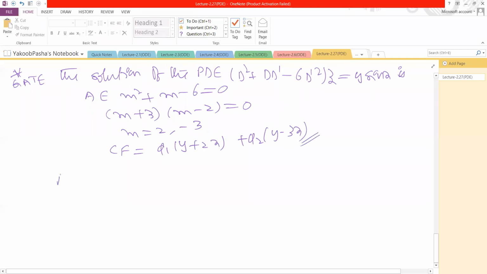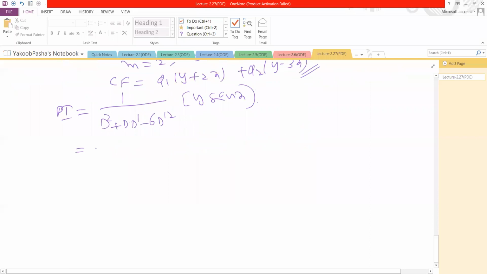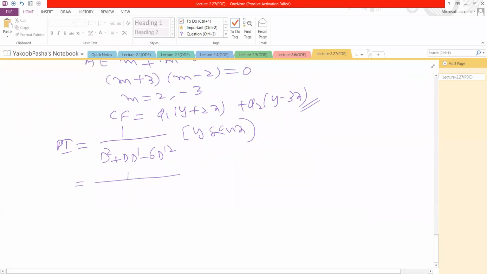And for a particular integral, you can write 1 divided by D square plus D dash minus 6D dash square of y into sin x. So I am splitting the denominator, as we know that we can split into m plus 3 into m minus 2. M means D, 3 into 1 is D dash.